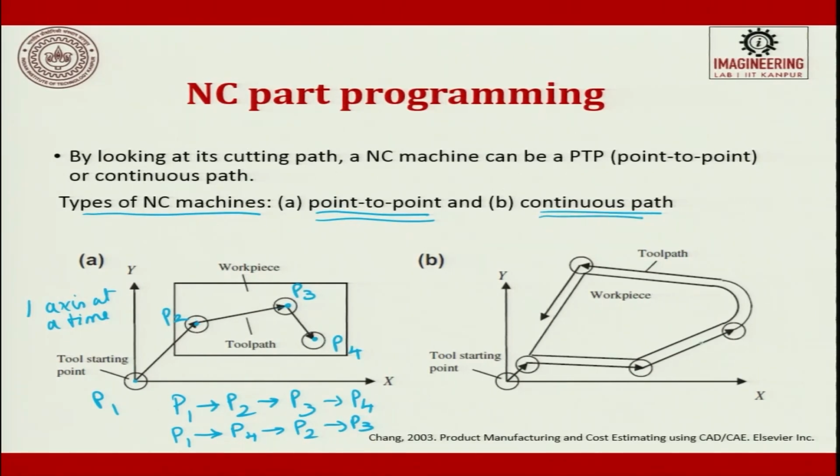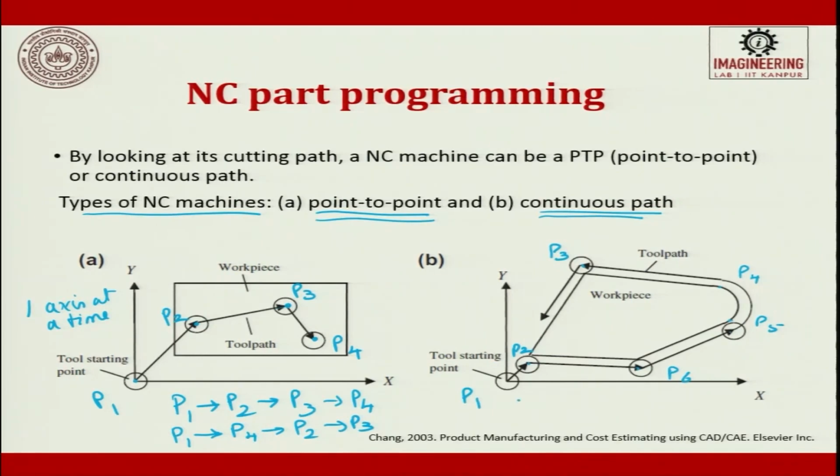In continuous path it is not only the points, the path which it has to generate is also very important. Again P1, P2, P3. Let us take it somewhere here, we will have one more point P4, then one more point P5, then we will have P6 and then P2.